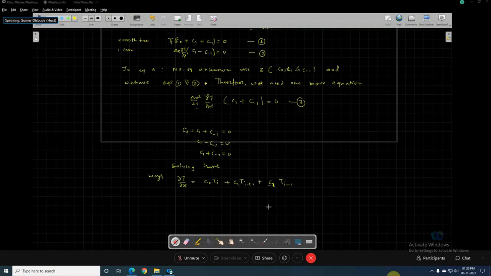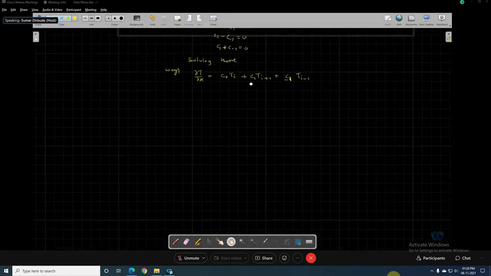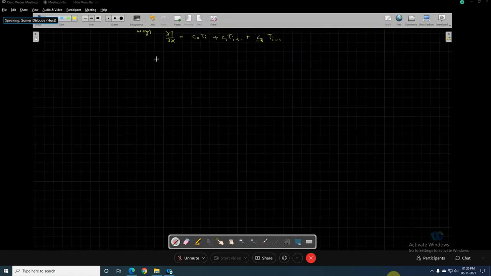Okay. Similarly, you can get any expression in this manner. Okay. You can get for del 2 t del x2. You can take C naught, C1 like this and try to obtain what are C naught, C1 and C minus 1 and get the expression.